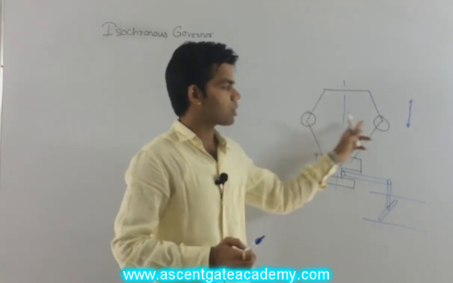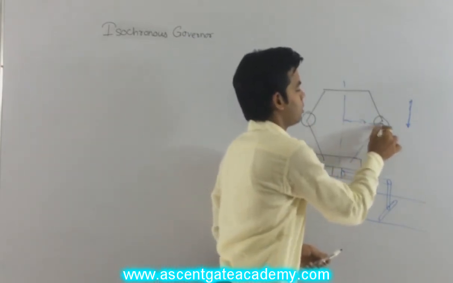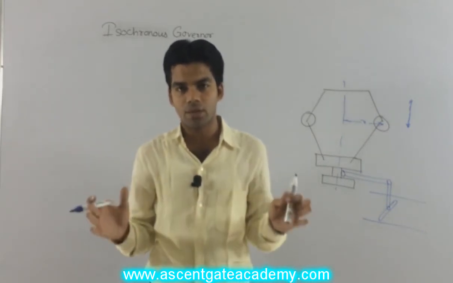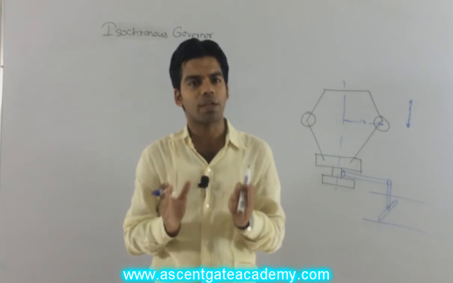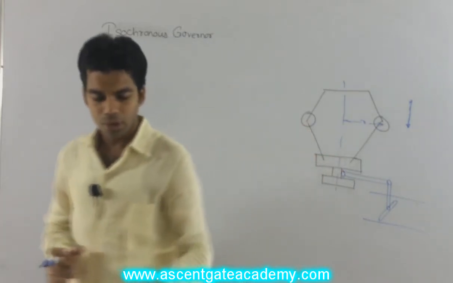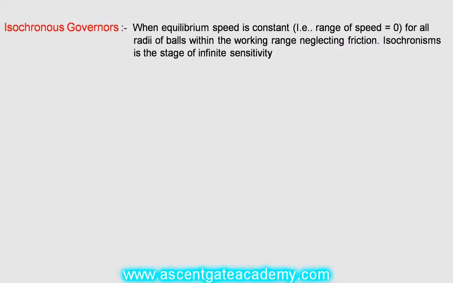For all radii of rotation of the balls, if the speed of the governor is the same, then we can call it an isochronous governor. As simple as that. So how can we define it? When equilibrium speed is constant, that is, the range of speed is 0 for all radii of balls within the working range, neglecting friction, then the governor is called an isochronous governor. Isochronism is the stage of infinite sensitivity.